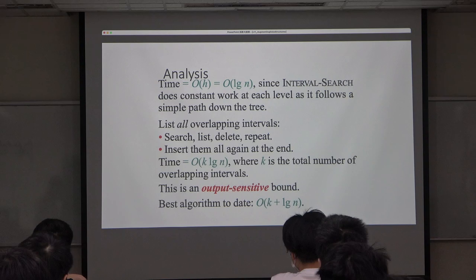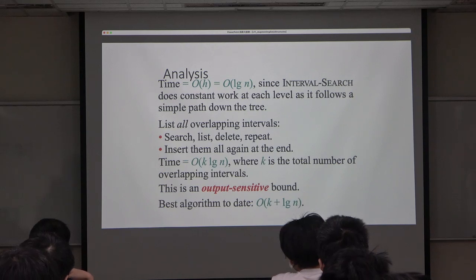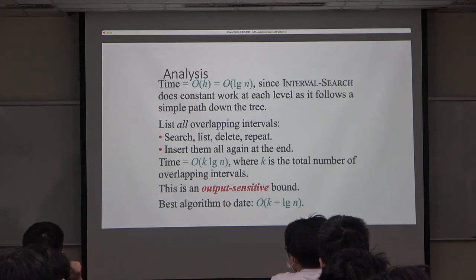If most of the intervals overlap, the easiest choice would be to use any traversal, like in order, post order, pre order. Basically, go through every interval and compare it with the query interval.